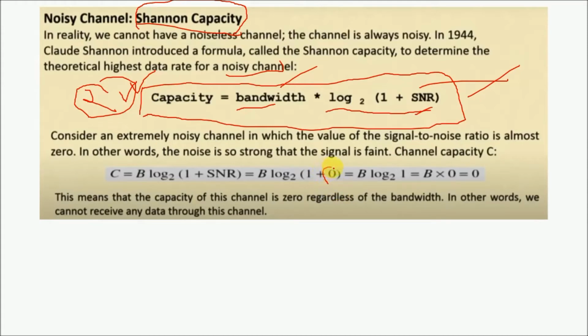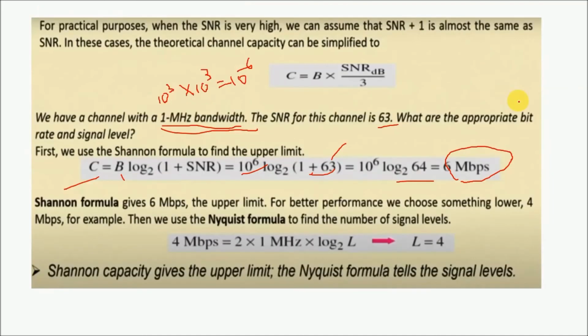So for a highly noisy channel the SNR will be 0. If we put 0 in this formula, 1 plus 0 equals 1, log 1 is 0, and multiplied with any value that will be 0. That means for a highly noisy channel the capacity will be 0. That means no signal can be transmitted through a highly noisy channel. This is a very good phenomenon that we can derive from the Shannon capacity formula.